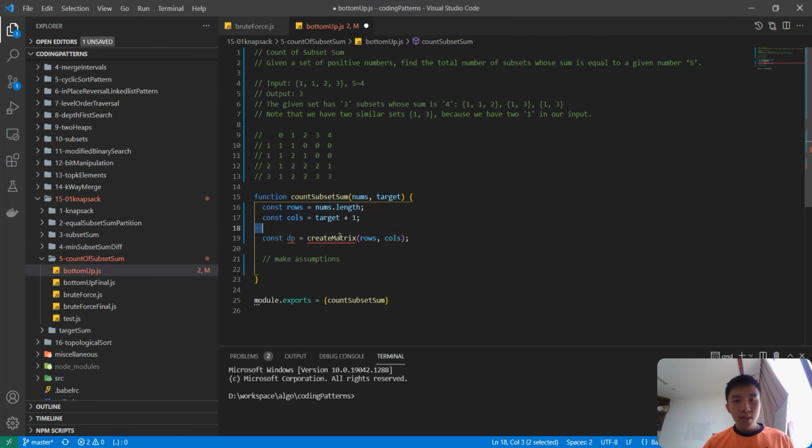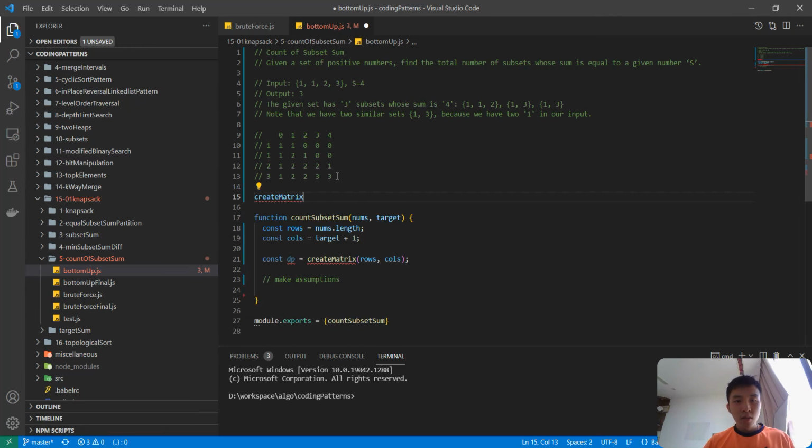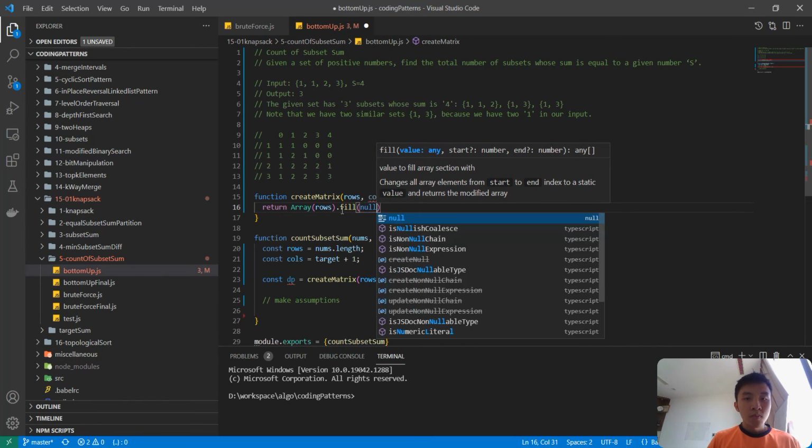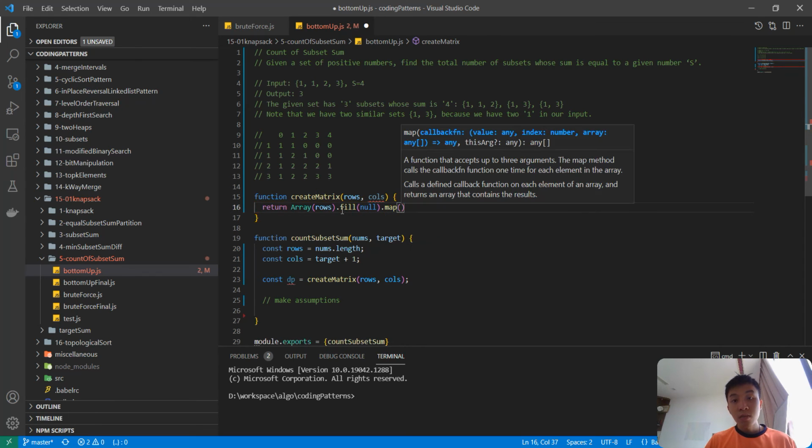So okay, let's build up our createMatrix function. We need to provide rows and columns. I'll return an array of rows first. Array that has rows elements. I will fill up with null, then map each element with another array of size columns.